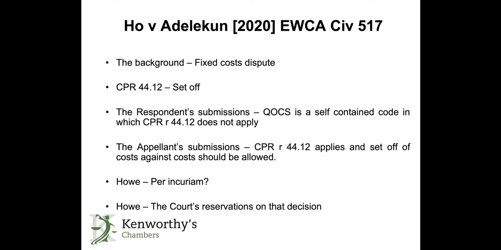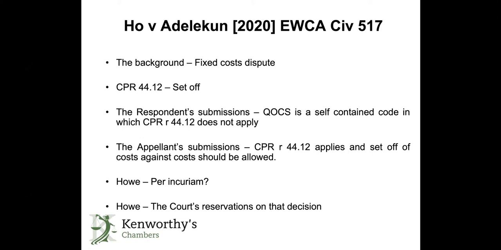Unfortunately, an offer was then accepted prior to the reallocation taking place, which significantly complicated matters. And the offer that was accepted provided, by way of a Tomlin order, that the defendant was to pay the costs on the standard basis to be subject to detailed assessment.